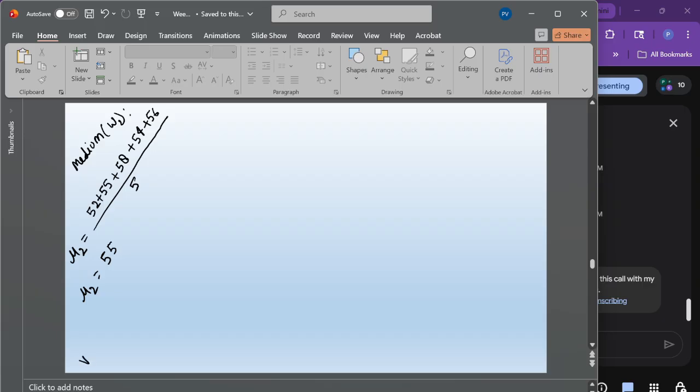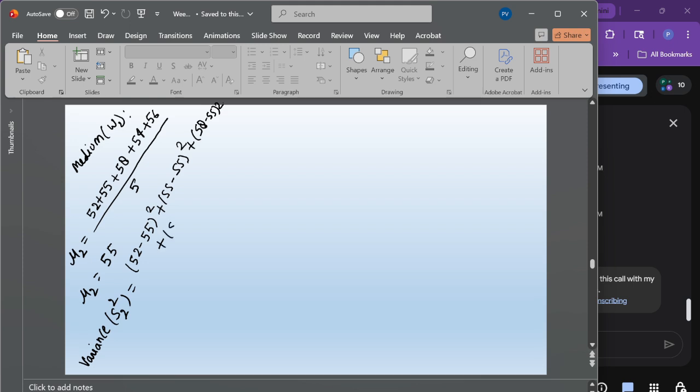Similarly, we need to calculate the variance, S2 square, the same way. So 52 minus 55 whole square plus 55 minus 55 whole square plus 58 minus 55 whole square plus 54 minus 55 whole square plus 56 minus 55 whole square, divided by 5 minus 1.